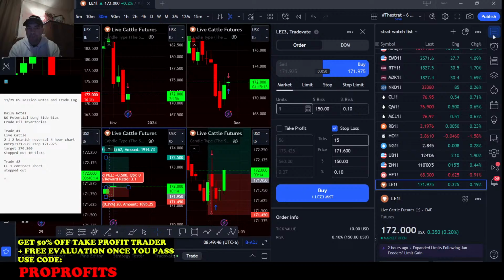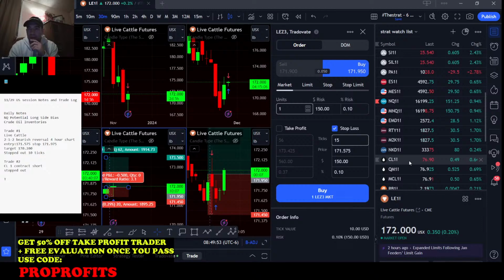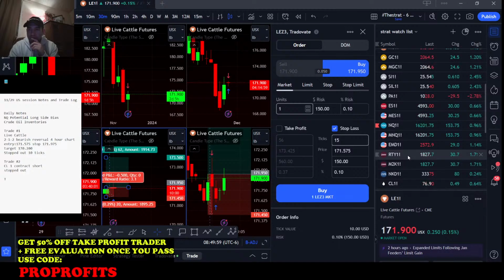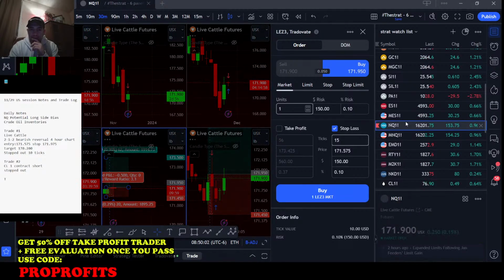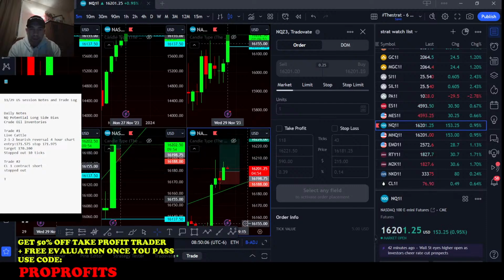Let that go. Even if it does work out, I don't like that one. I don't want to take trades just because I missed out on other ones. So what's going on in the Nasdaq? Okay, so now we're trying to get somewhere.